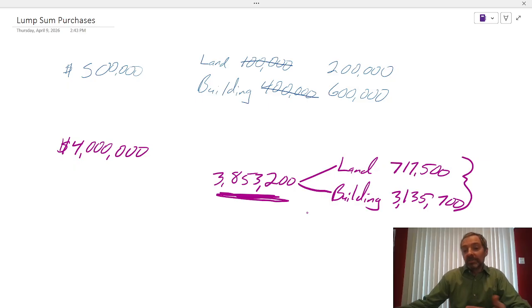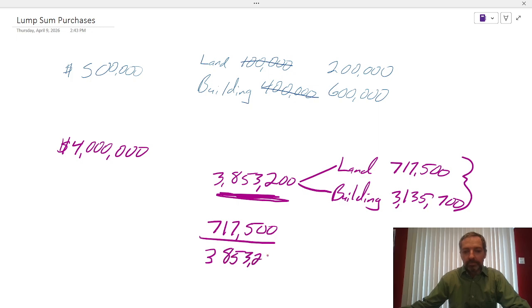So what we can actually do is ask ourselves the question, according to the appraisal, what percent of the total price is the land and what percent of the total price is the building? So what we're going to do is take the land value and divide it by the total appraisal value and get a percentage.